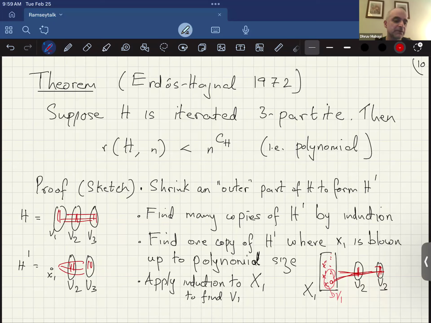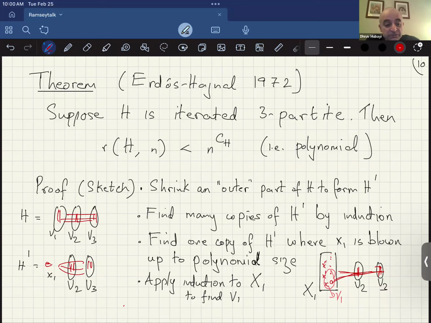First step is you forget about one of the parts and shrink it to a single vertex. So just imagine that you're dealing with just one vertex here instead of a big part. Then you call that hypergraph H prime. And then by induction, you either find a polynomial independent set or you find many copies of H prime. This is a standard idea in the area.